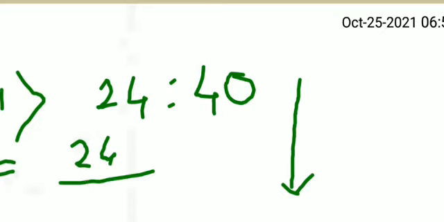So first of all you have to find the HCF of 24 and 40. First write 24 is to 40 in fractional form, which is 24 by 40. Then find the HCF of 24 and 40. So what do we get?